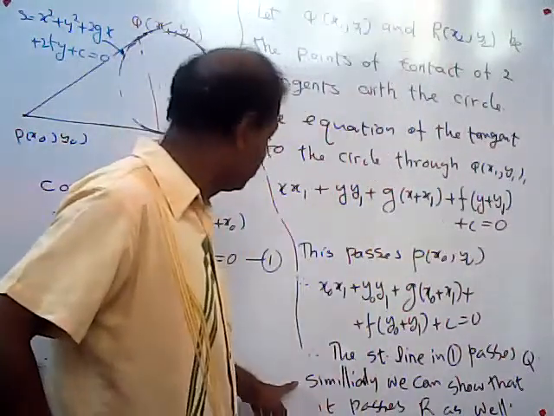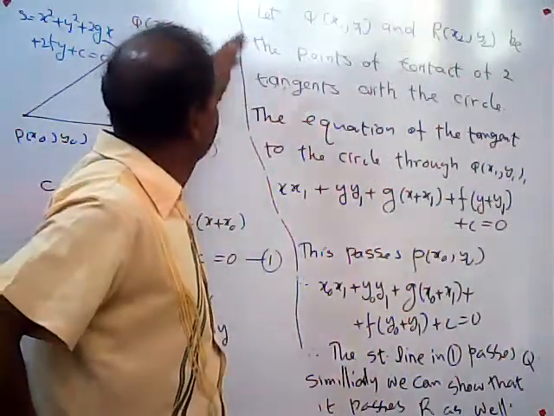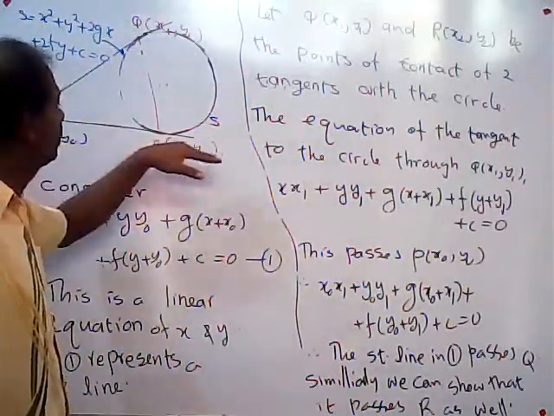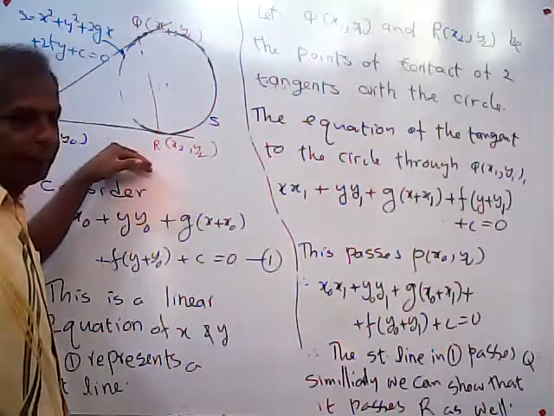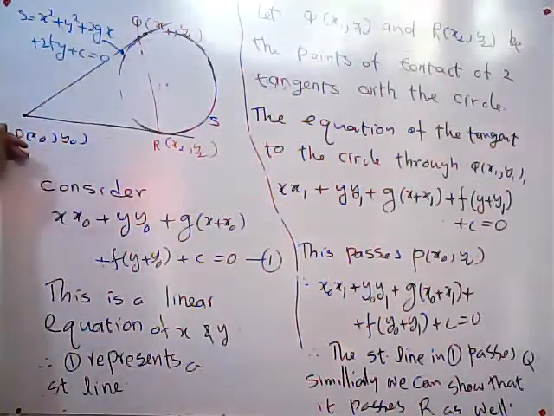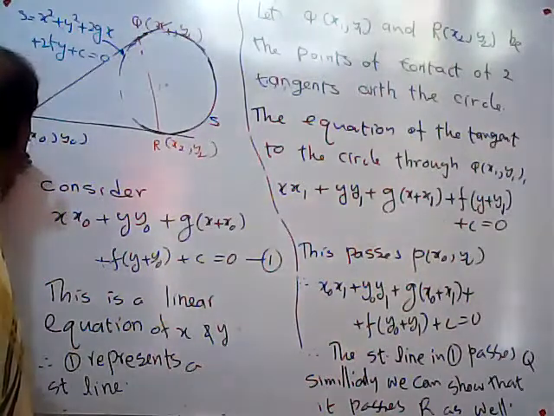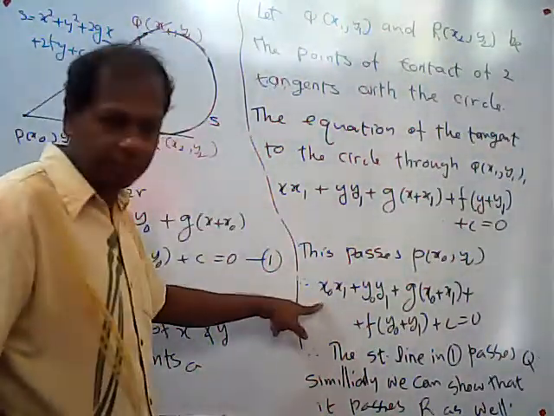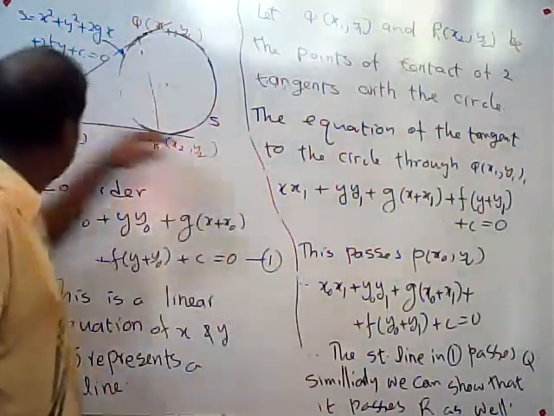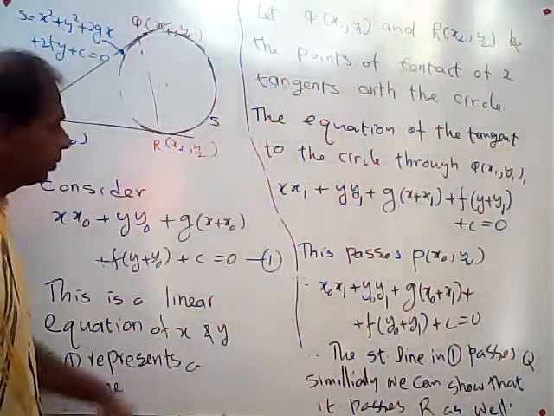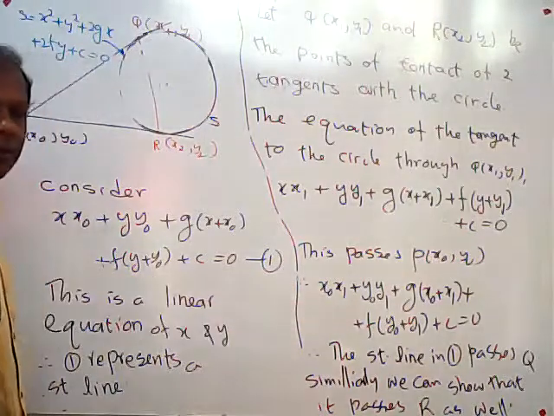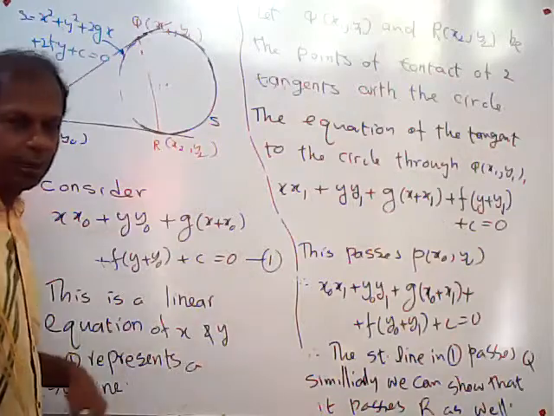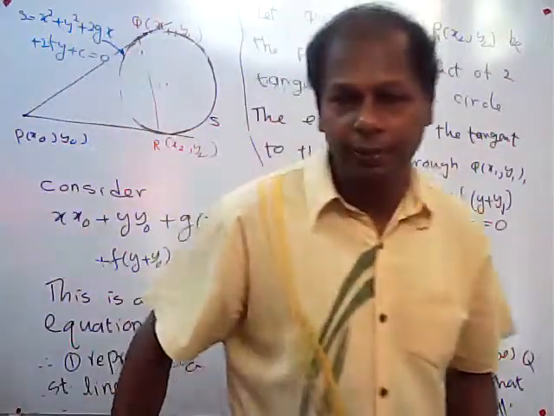They're asking about this. So we can again write down the equation of the tangent through the point R and say that it should pass the point P, x naught, y naught. So we will get some expression like this, taking the point R also. Similarly, you can say this straight line passes R as well. You don't need to write all the stuff again.